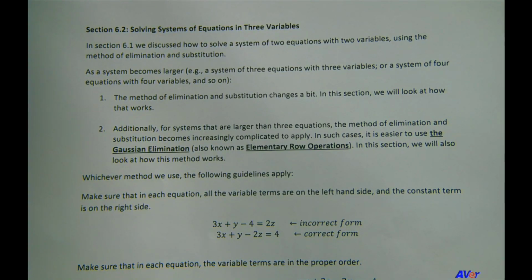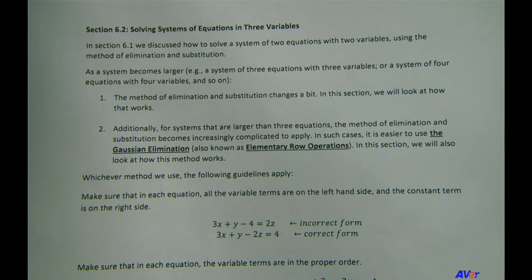The method of elimination and substitution that we talked about when we had two equations, two unknowns, will slightly change when we apply it to three equations with three unknowns. So that's one of the two main techniques we will be talking about in this section.